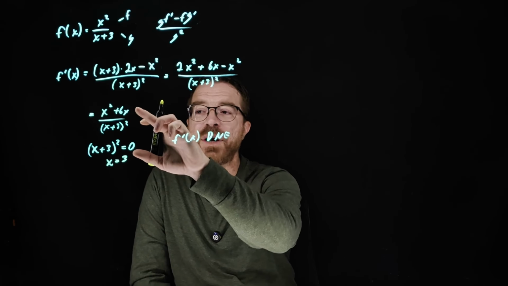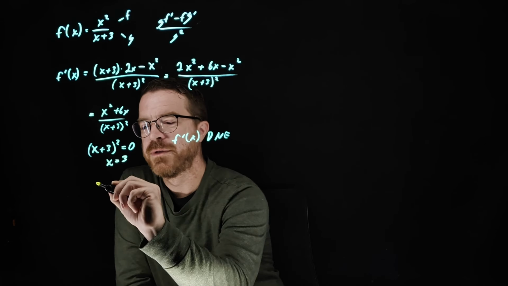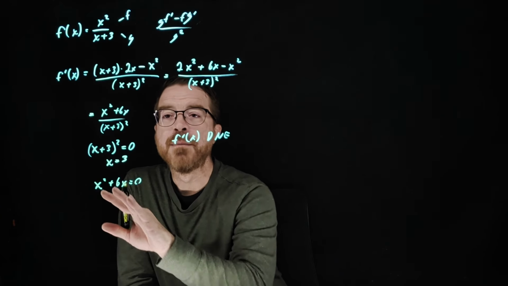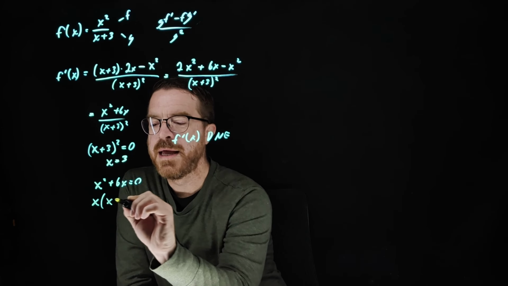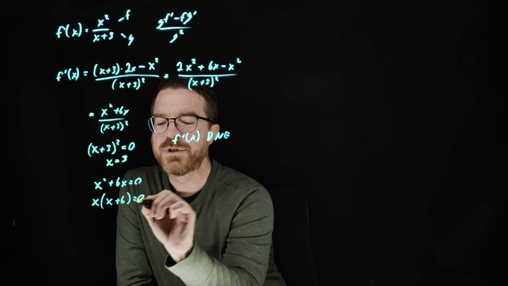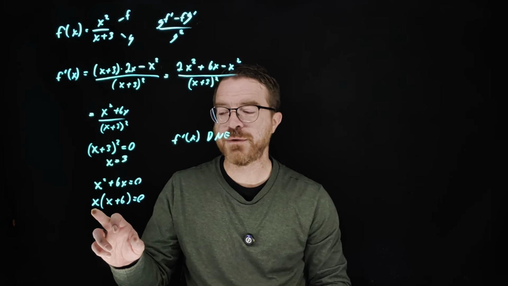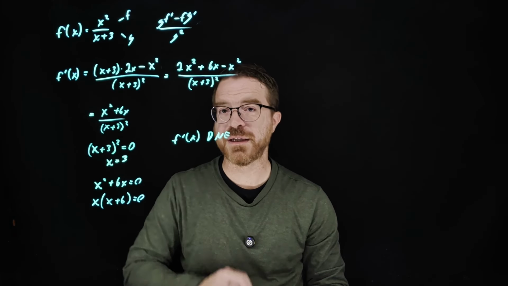Now we're going to look at the numerator. We need to find where x squared plus 6x equals 0. So we have x squared plus 6x equals 0. Both of these have an x in them, so I'm going to pull an x out. So this is going to be x times x plus 6 equals 0. Now that I pulled the x out, when x is equal to 0, this will make the entire thing 0. Or when x plus 6 equals 0, this will make the entire thing 0.